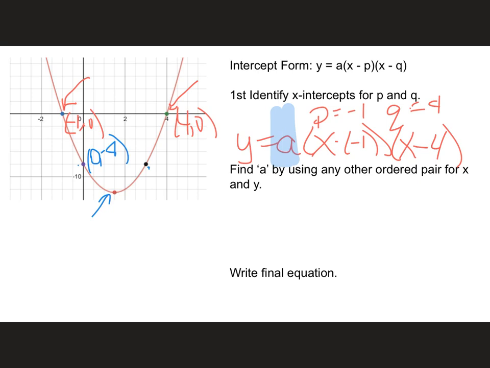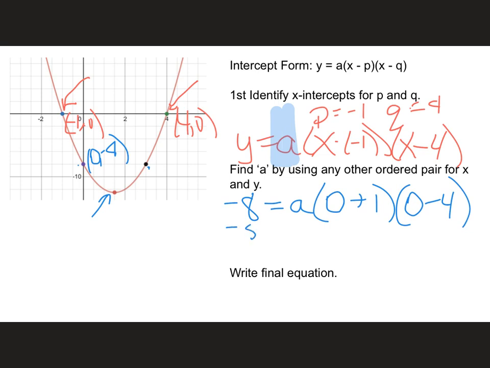So in my equation, I'm going to replace y with negative 8. I don't know a. And then I'm going to replace all x's with 0. So this would be 0 minus negative 1, or 0 plus 1 to simplify it, and 0 minus 4. Now these mean a times those values, and so I'm going to solve for a by simplifying my parentheses and figuring out what was multiplied to get a.